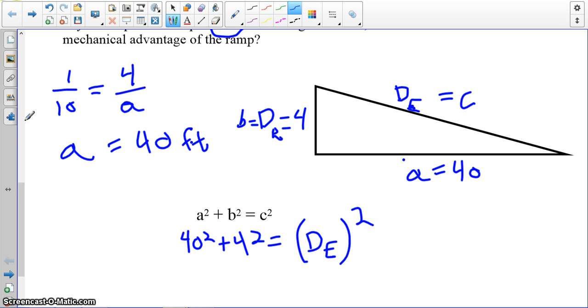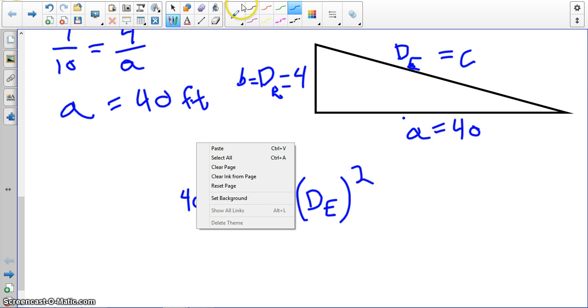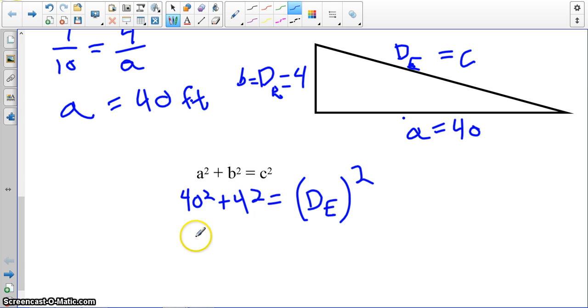Nice. Okay. So this works out to be 1,616 is DE squared, the effort distance squared.